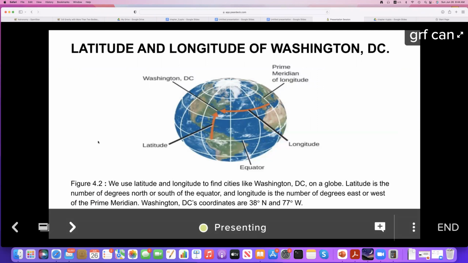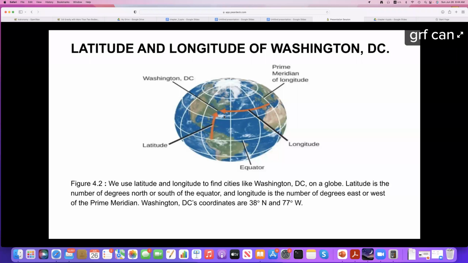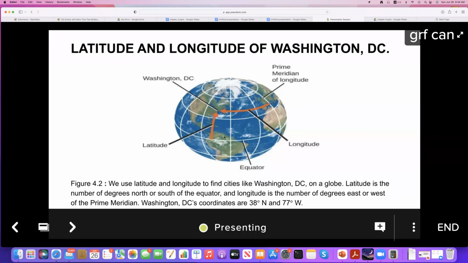Now you can see for the great circles, a great circle is any circle on the surface of a sphere whose center is at the center of the sphere, right? So that means the center should be somewhere in the middle here if you consider it as a sphere, and you can draw circles in any direction, in this direction, that direction, or any kind of direction.